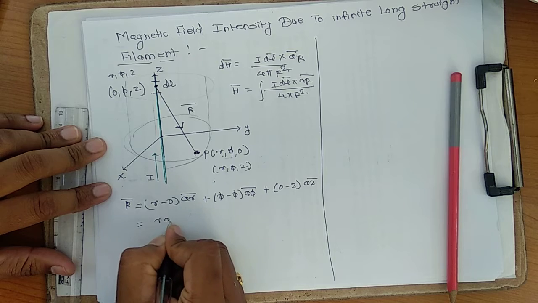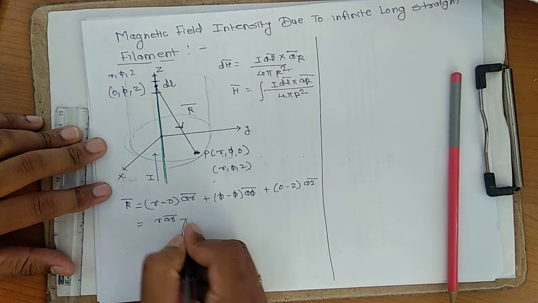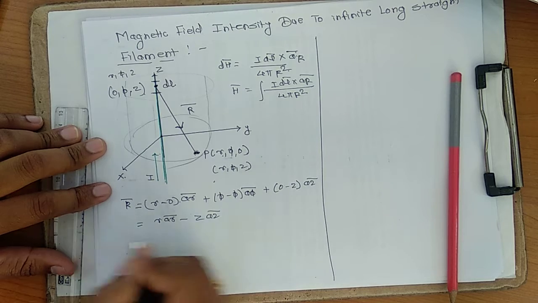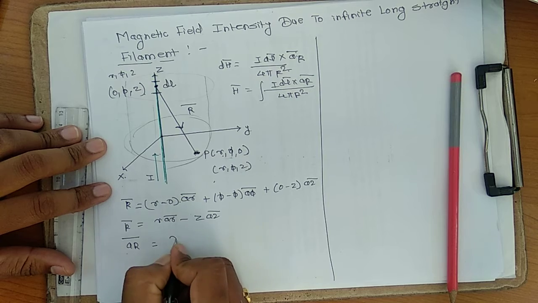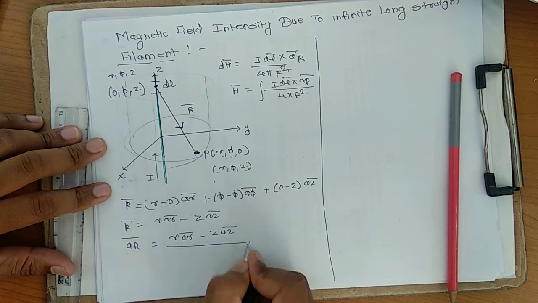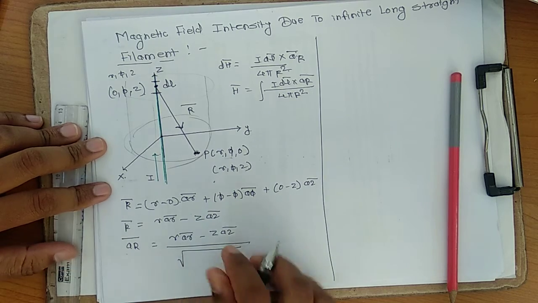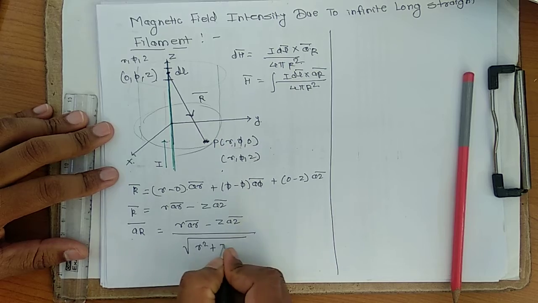So r a r bar, this is 0, we don't have to write it, minus z a z bar, that is r bar. What is a r bar? If you are calculating the unit vector, it is r a r bar minus z a z bar divided by root of r square plus z square.